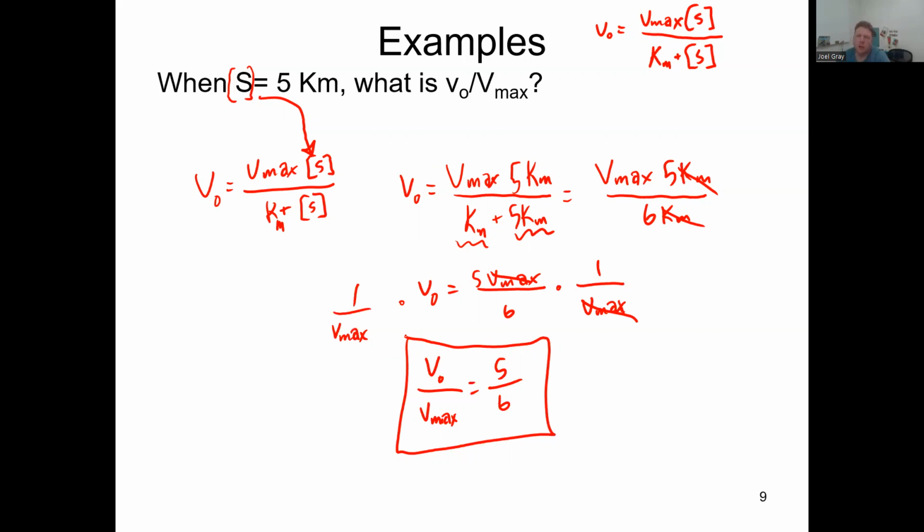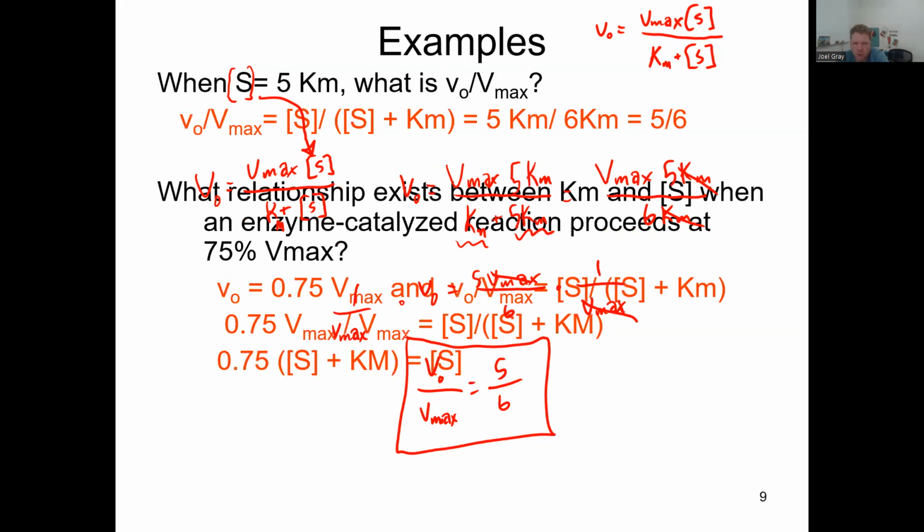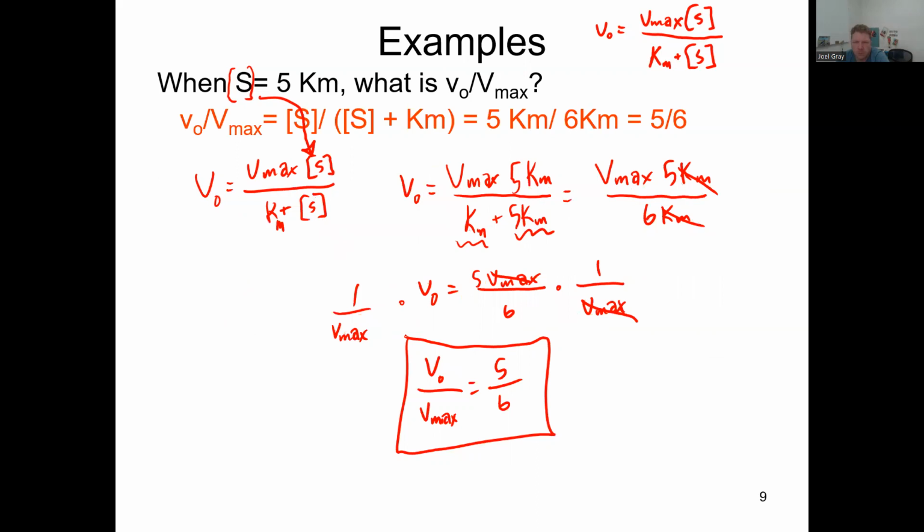So what is my ratio of my velocity to my Vmax? It's 5/6. And this goes through the explanation of that. I removed that Km, I ended up with Vmax, and there we go.